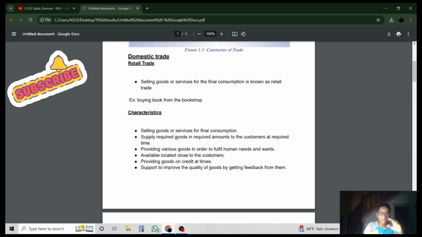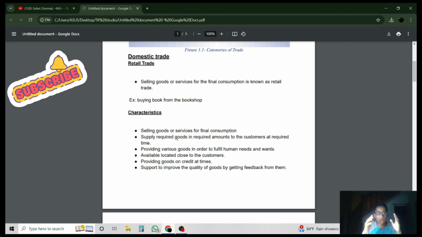That means retail traders have many goods items. The fourth one is availability in a location close to the customers. That means when we compare wholesale traders and retail traders, there are more retail traders than wholesale traders, right?